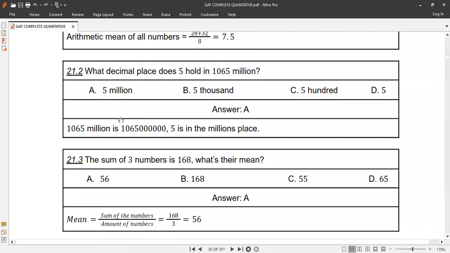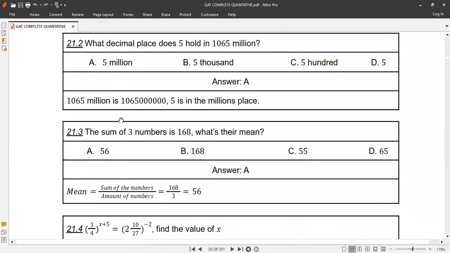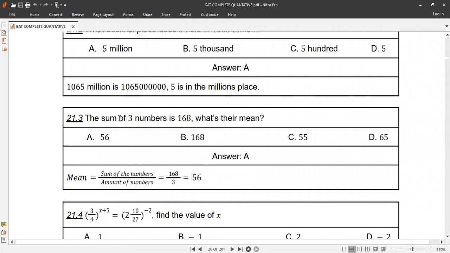Next question. Here I think we can't try out the choices because here we have a mixed number. Always, guys, when we have a negative exponent, we need to flip the fraction to make it positive.